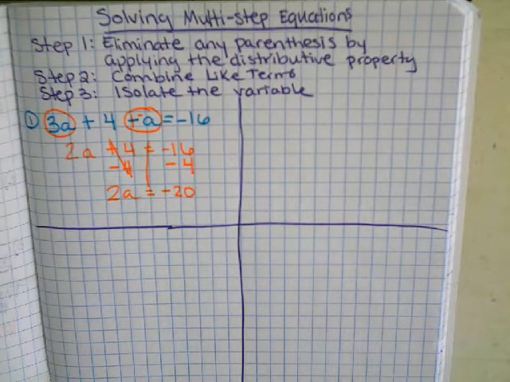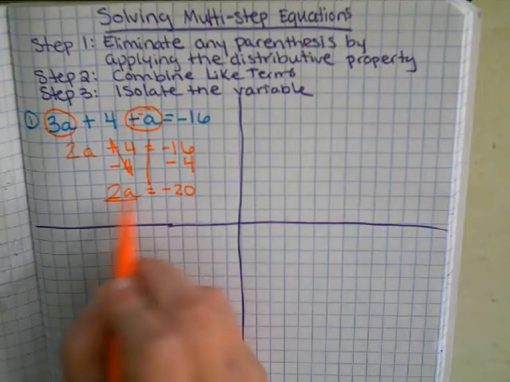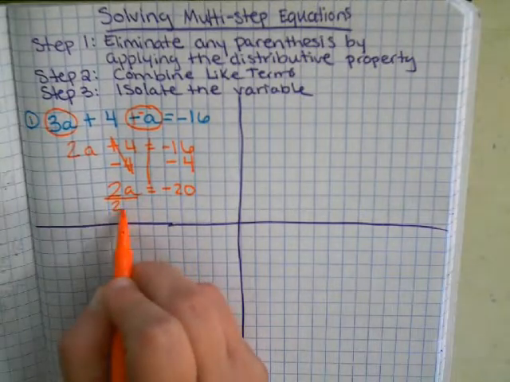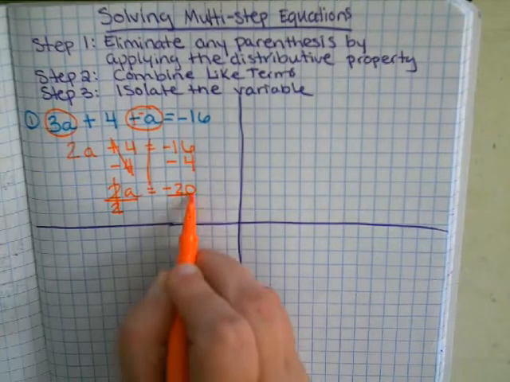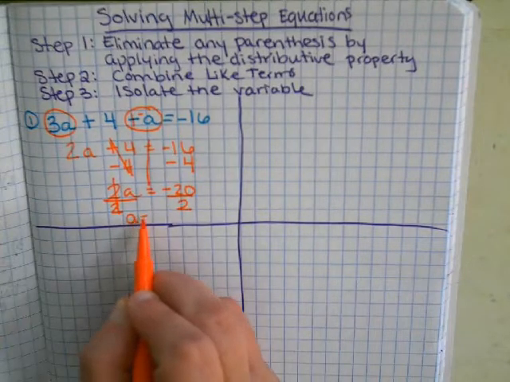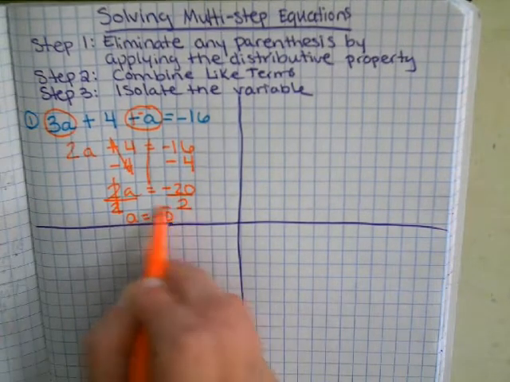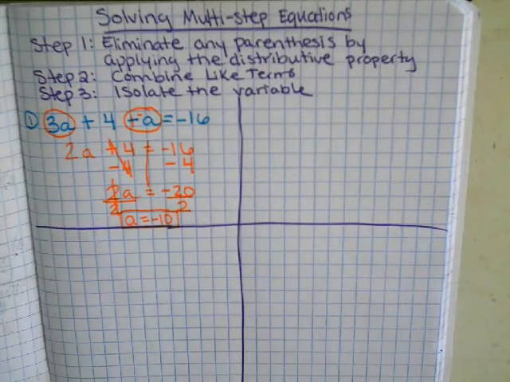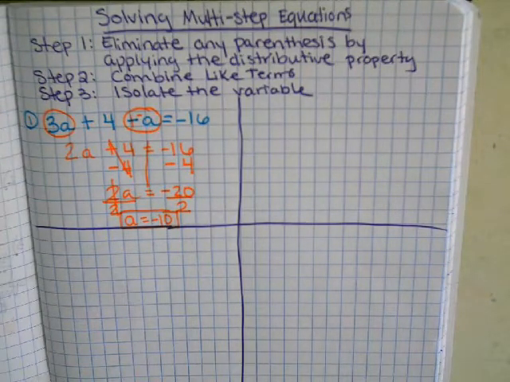Now I'm going to divide both sides by 2, because remember, a number and a letter touching is multiplying. So we undo that by division, and a equals negative 10. Good job. Let's try another one.